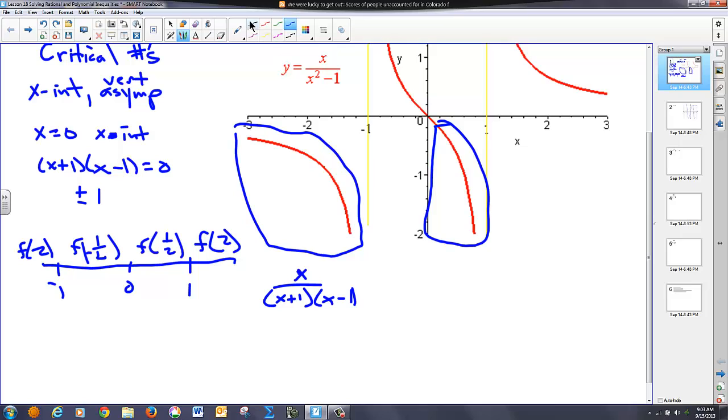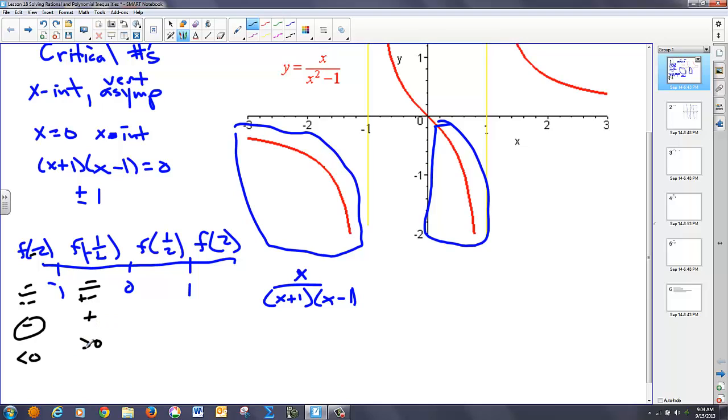So I'm going to plug these values in to my function here on the right and see what kind of values I get out. If I plug in a negative 2, then I get a negative, negative, and a negative, which is a negative. And that's less than 0, which is what I wanted. If I plug in negative half to this function on the right, I get a negative, positive, and a negative, which is a positive, which is greater than 0.